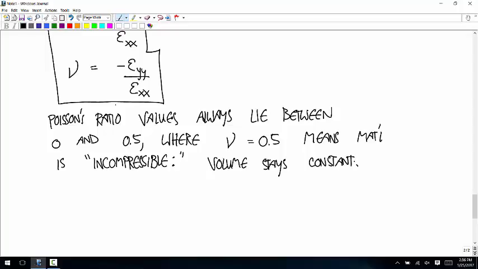Most metals have a Poisson's ratio somewhere pretty close to 0.3. So if you ever don't know a Poisson's ratio and you're dealing with metals, just use 0.3. You get pretty good answers.